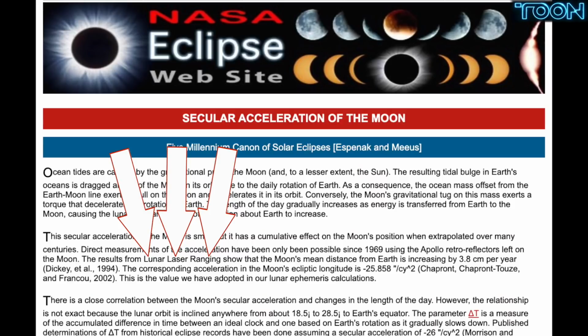Yeah, they actually talk about how they gather the data to predict accurately the time and location of the eclipses, which includes the lunar laser ranging experiment, or measurement, that they did when they left that retro reflector on the moon.